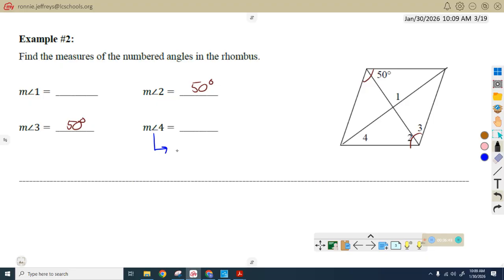So 180 minus. Now, is it 50 or 50? Plus, there's something else. I don't know if this is going to give us our right answer. You are actually missing the easiest answer right now.